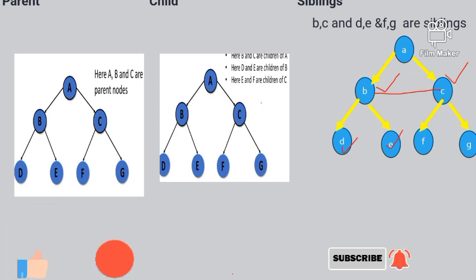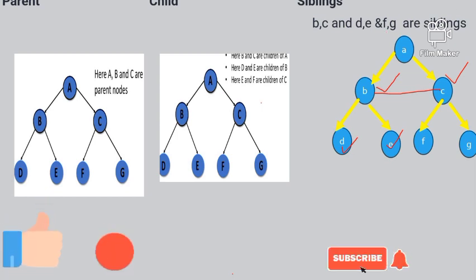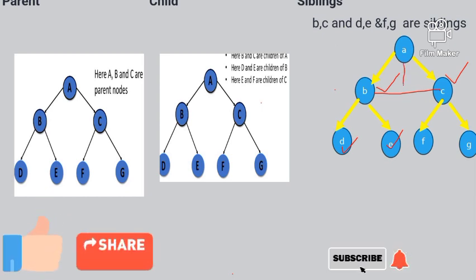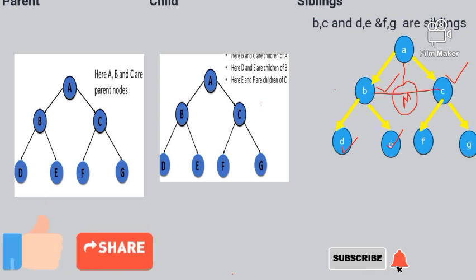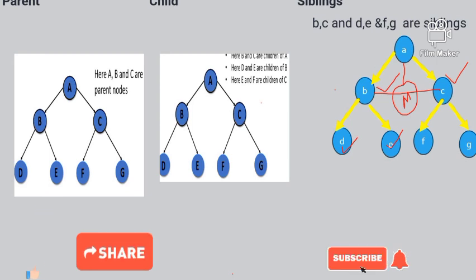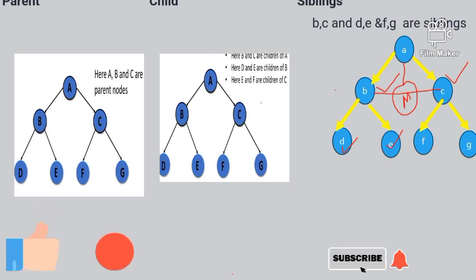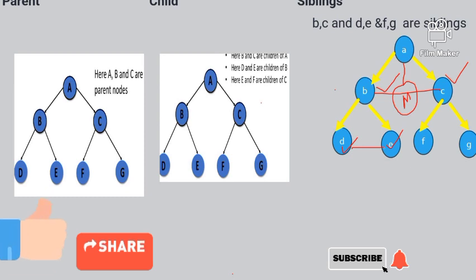Now B and C are the siblings of A. And D, E are the siblings of B, and F, G are the siblings. That means these two are at the same level.